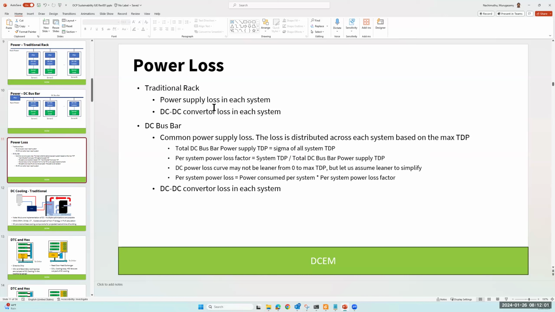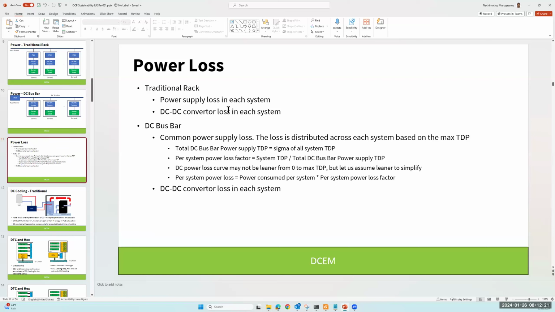If it is the traditional rack, the traditional DC bus power, we have a power supply and a loss per power supply, which you can account to each system.